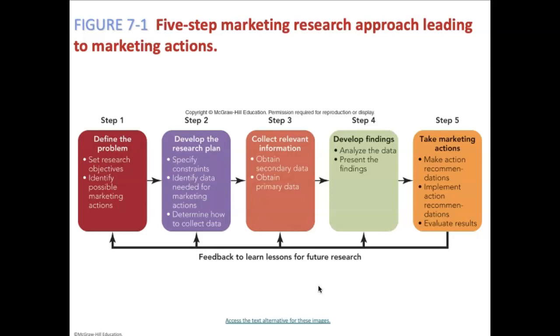Next would be collecting relevant information, obtaining secondary or primary data, and we'll look at the differences between the two. Step 4 is develop findings, analyzing the data that's been collected, and then presenting the findings based on the data collected. And then step 5 is take marketing actions, where you'd be making action recommendations, and then implementing action recommendations, and then overall evaluating results.